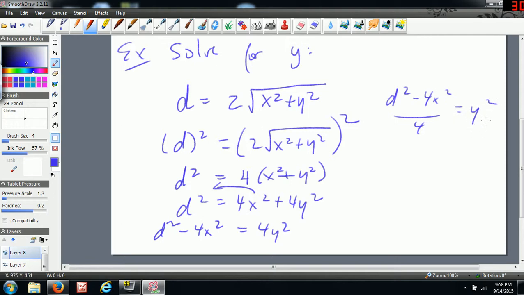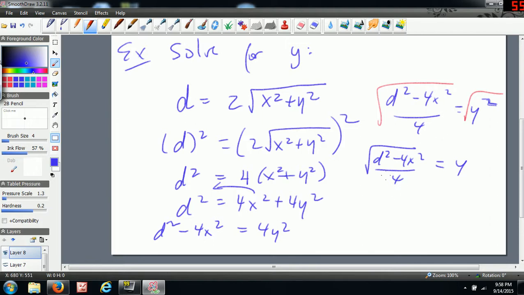And then to solve for y, now you have y squared, and the question is asking you to solve for y. So you do need to have this as y. So to get this to be y, what you need to do is take the root of both sides. And when you do that, you end up with y equals the root of d squared minus 4x squared all over 4.